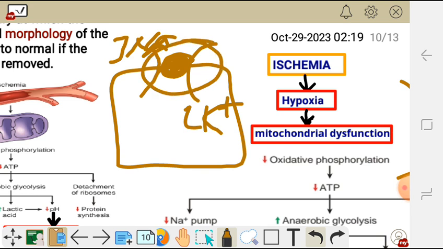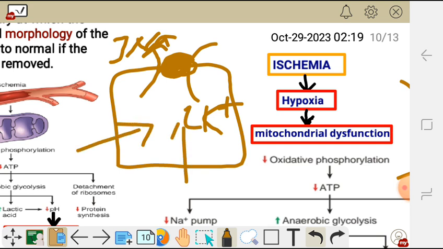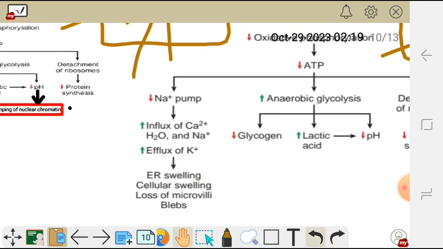If it is not working, then sodium will start accumulating, because this channel is the one which removes sodium. So we're going to see accumulation of sodium inside that cell. We know that where sodium accumulates, water follows. So here we're also going to have an influx of water, and the influx of water is going to cause cellular swelling.